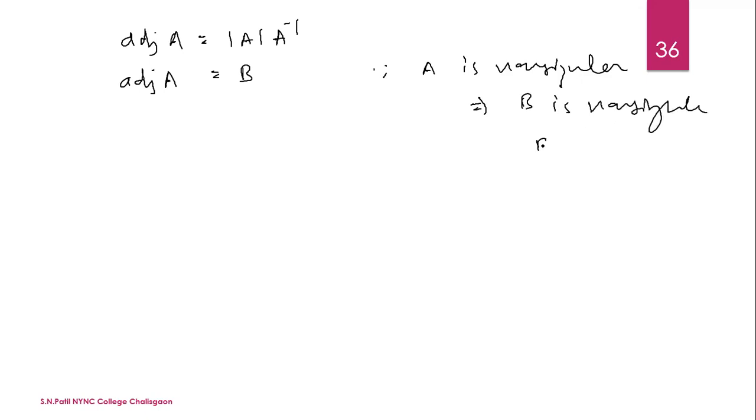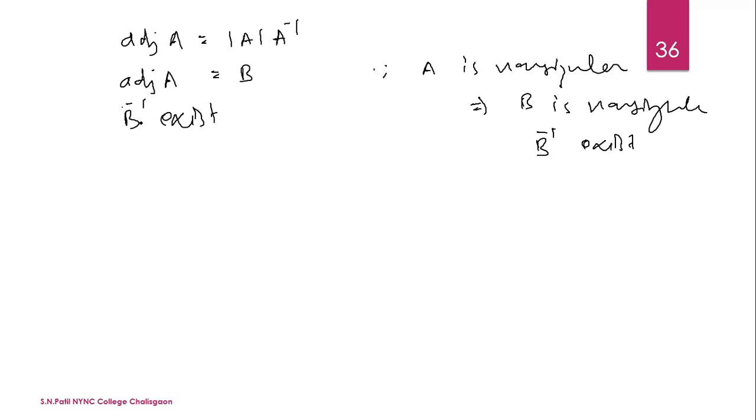If B is non-singular, there exists B inverse. B inverse exists because B is non-singular.